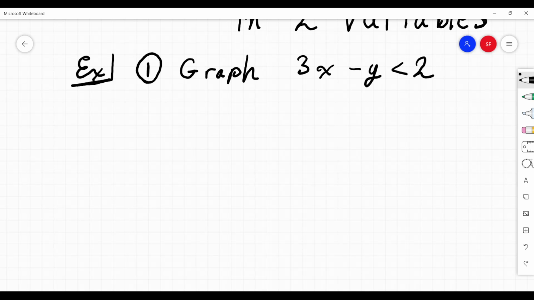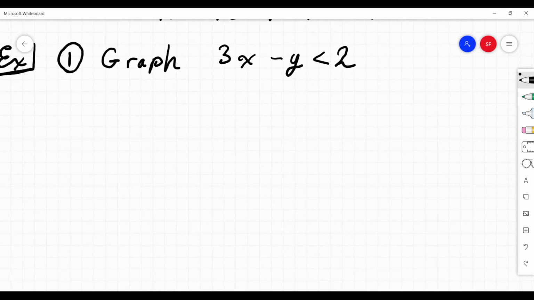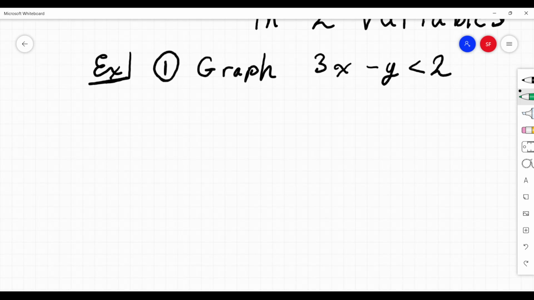Okay. So to graph this, first of all, just like if this was an equal sign right here, we got to get this in slope-intercept form. What is slope-intercept form? Do y'all remember? Yeah, y equals mx plus b.